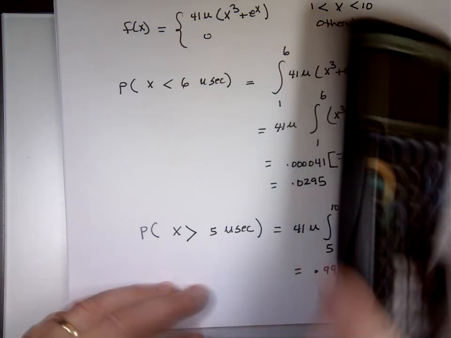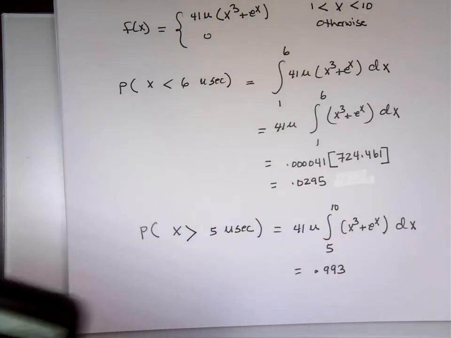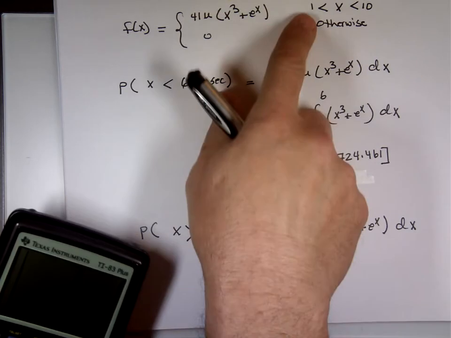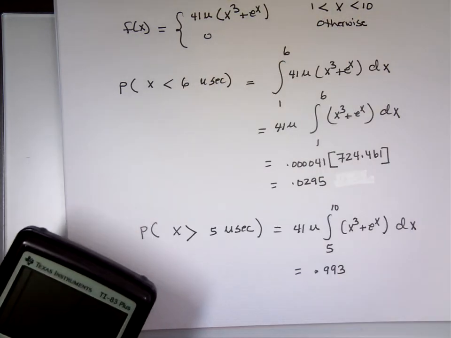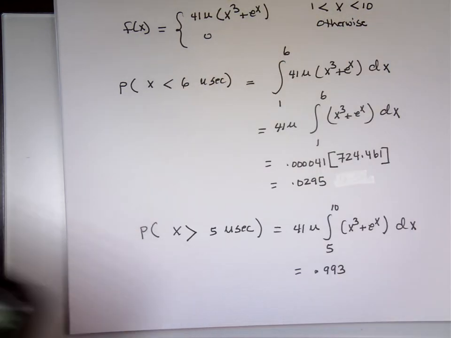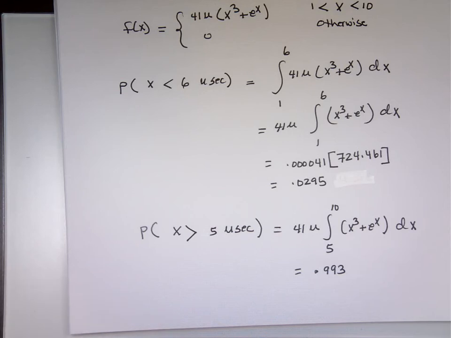But it's 0 after 10, though, right? Correct. 0 before 1, 0 after 10, because the function is 0. So that's how we find the probability of some of these events.